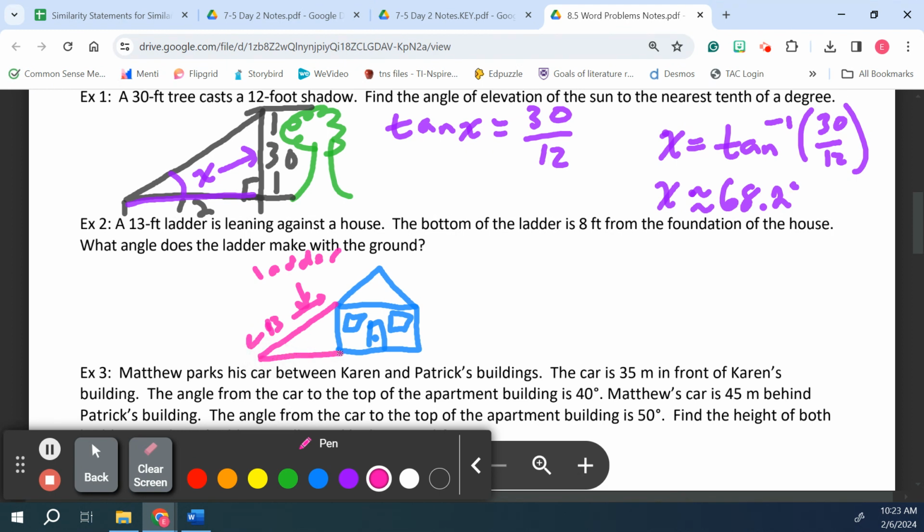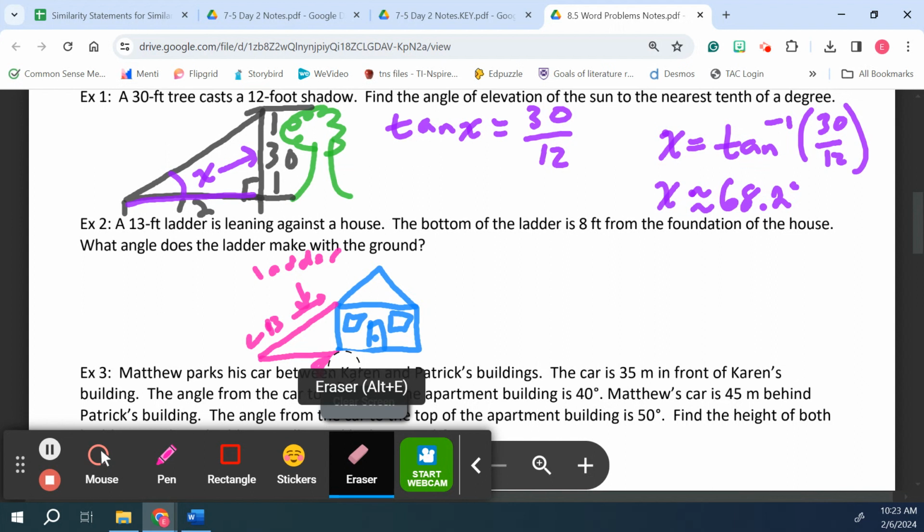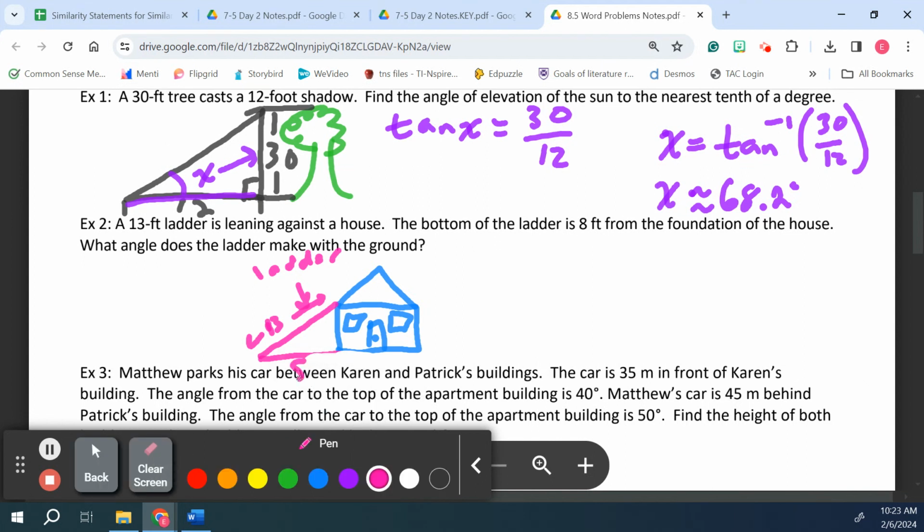So here's my triangle. That's 8 feet. Let me make that look a little better. There we go. All right. So what they want you to find is what angle does the ladder make with the ground? So they want you to find this.